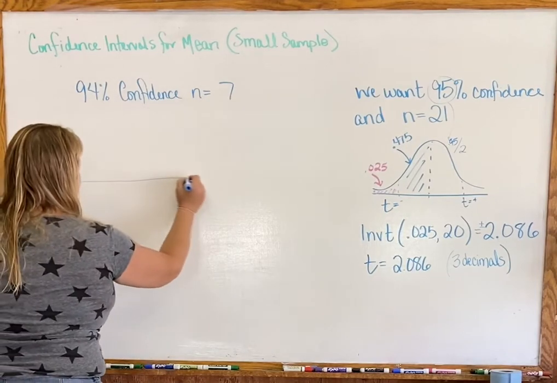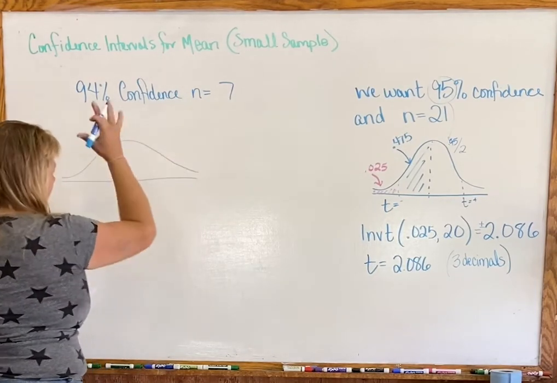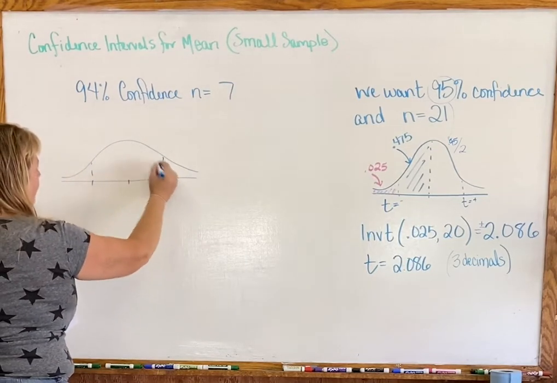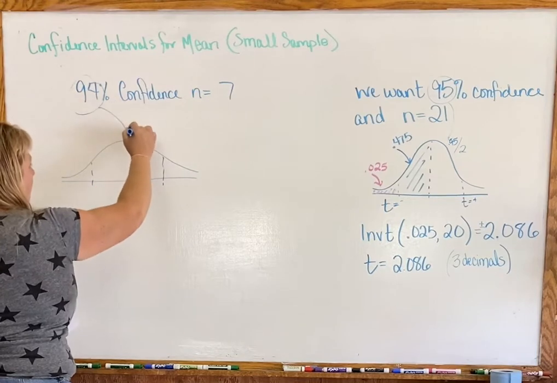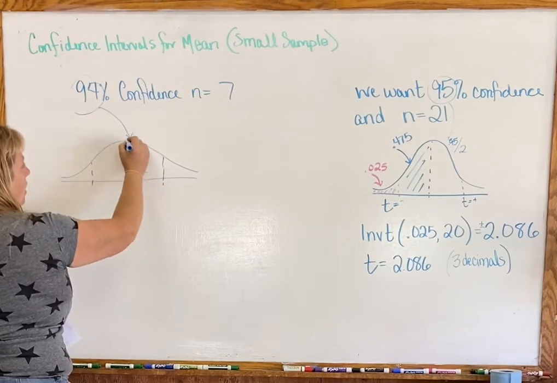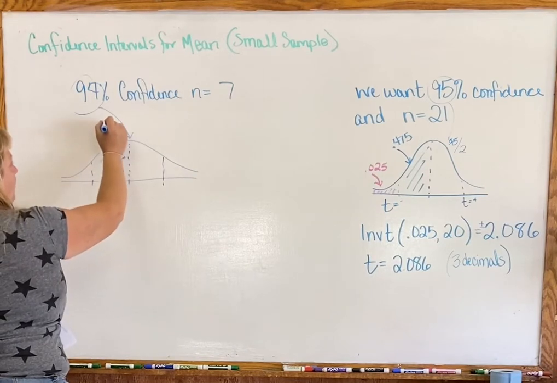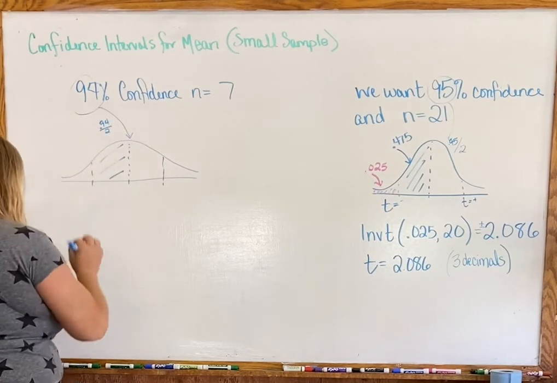Okay, so again, our graph, somewhat normal, who knows what it looks like, okay? But the idea is that 94% confidence is gonna split over the middle. So we only want 1/2 of it though, we only want this side. So we're gonna go 0.94 divided by 2.